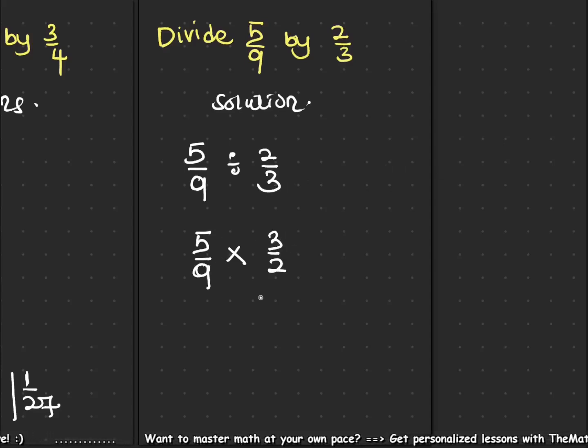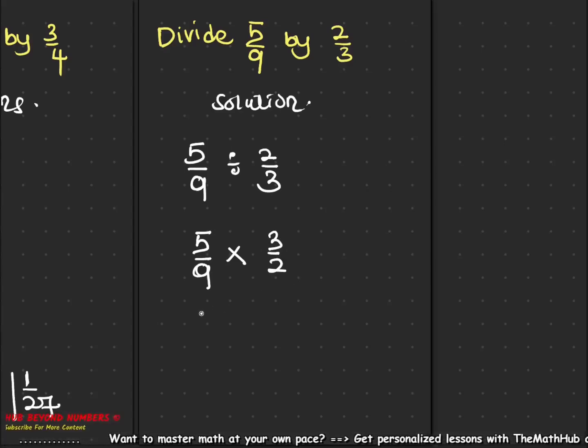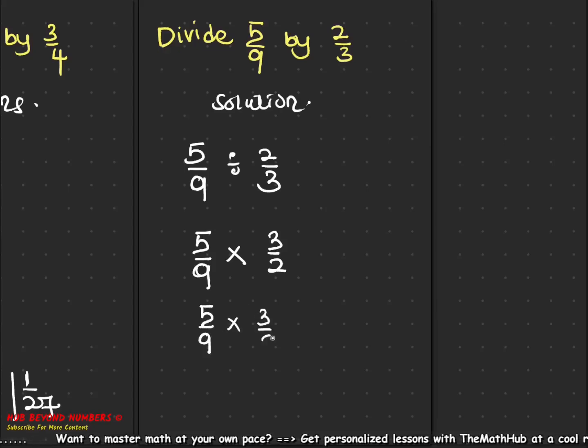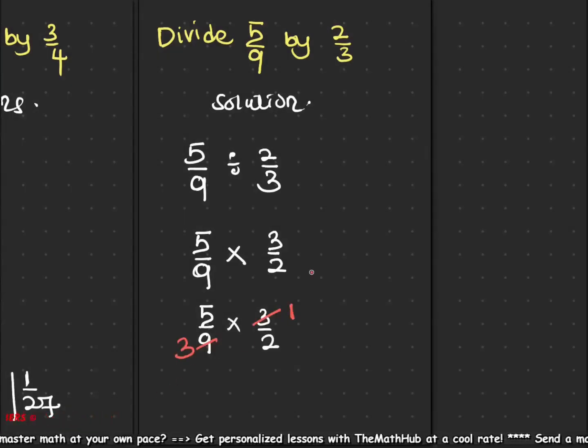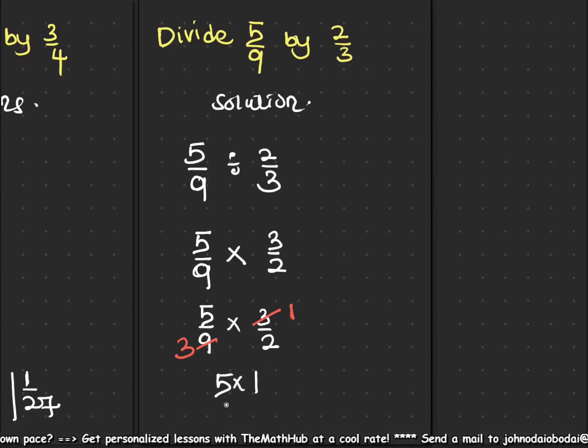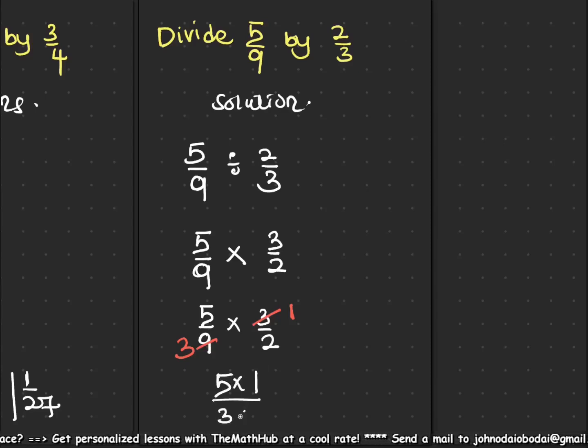Before we do that, we should take note that we can simplify the fractions. That is, 3 divides itself once, and it divides 9 three times as well. So we now have a new set of fractions. We have 5 times 1 for the numerator, and 3 times 2 for the denominator. So 5 times 1 all over 3 times 2.